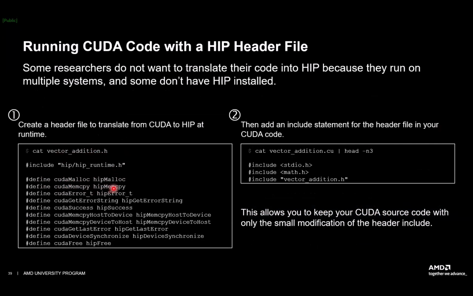Since the call structures are the same, this will ephemerally do your translation from CUDA to HIP, but you don't need to actually change your source code other than adding in this header file and adding include statements into your CUDA files. Then you can compile and run this, leaving your source code in CUDA.